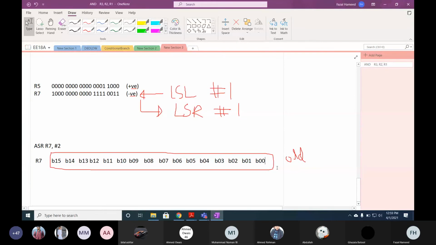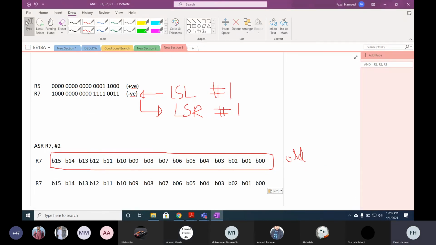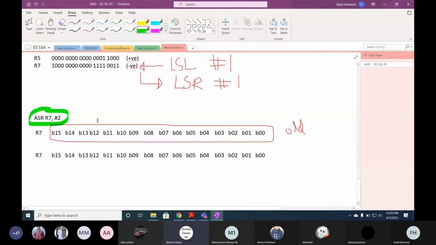No, we are using arithmetic shift right. In arithmetic shift right, the most significant bit stays the same, and the rest move one place forward. So instead of inserting 0, it will replicate B15.